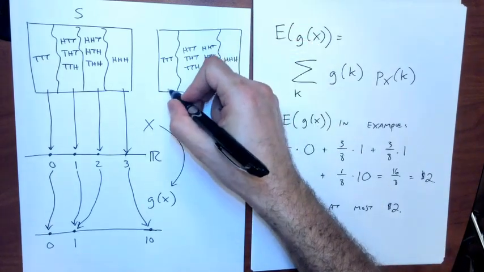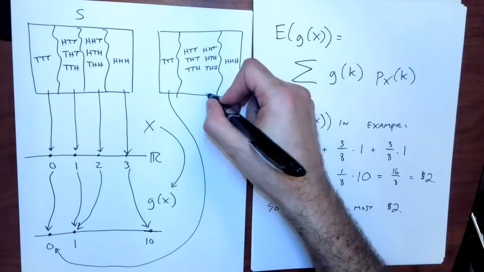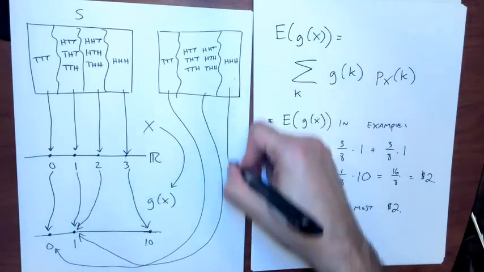So this maps to 0, this maps to 1, this maps to 10.